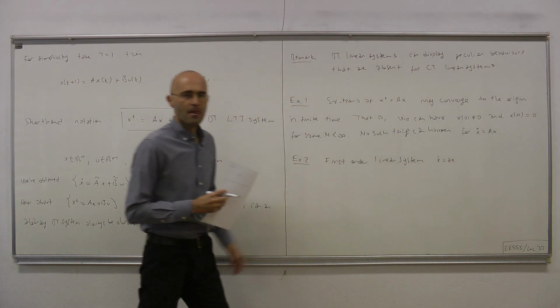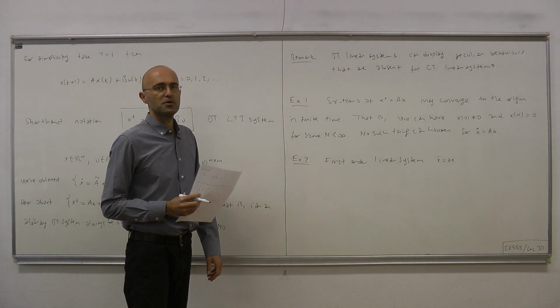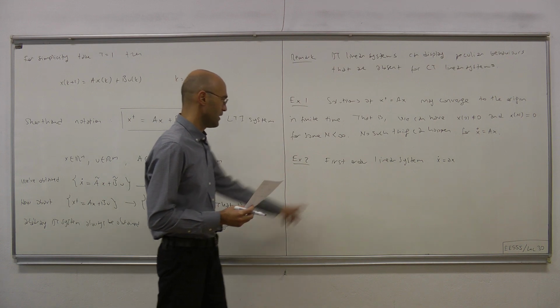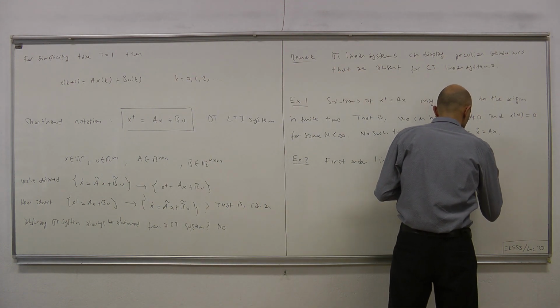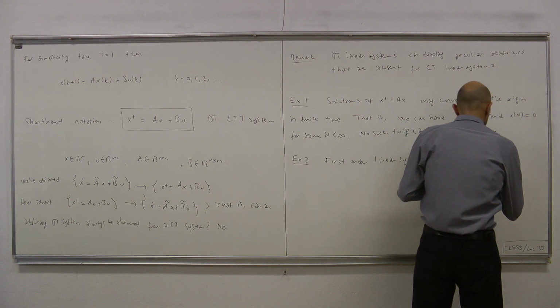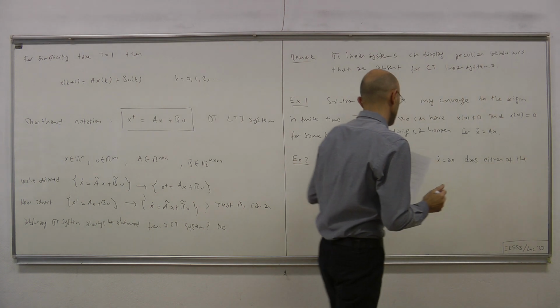So let's consider the simplest possible differential equation, x dot equals Ax, where x is a scalar. We're talking about a first order case. Qualitatively speaking, it does one of the following.